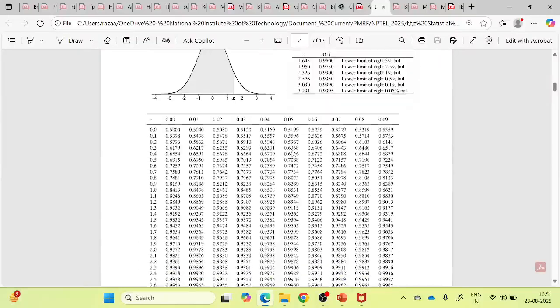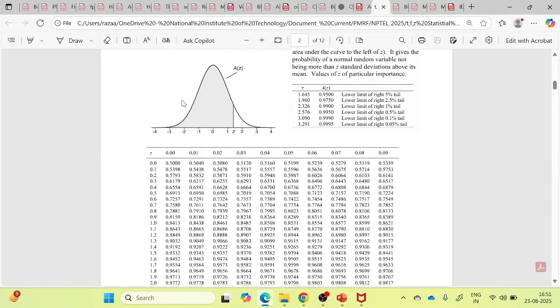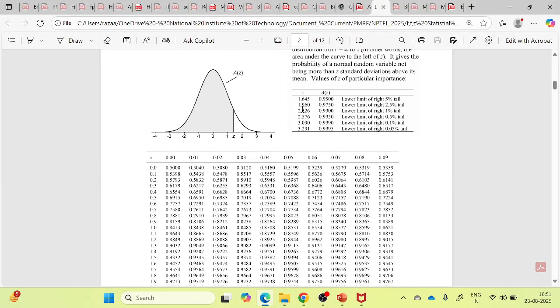This is the Z table actually; for the Z value, the lower limit of the right 5% tail is 1.64, with the area becoming 95%. And for 0.5% it becomes 2.575. That's the Z table.